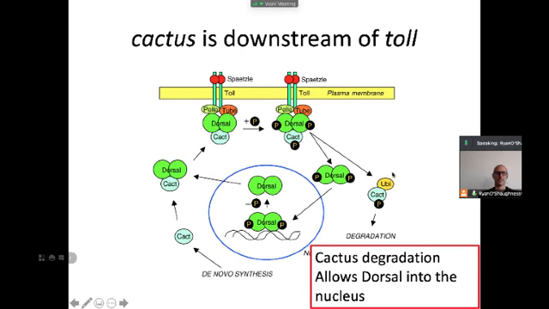So if cactus is degraded by ubiquitination, then dorsal can enter the nucleus. Toll is our upstream receptor, so cactus degradation allows dorsal into the nucleus, and it will do this even without the toll mutant being present, because cactus is downstream of toll in this pathway.